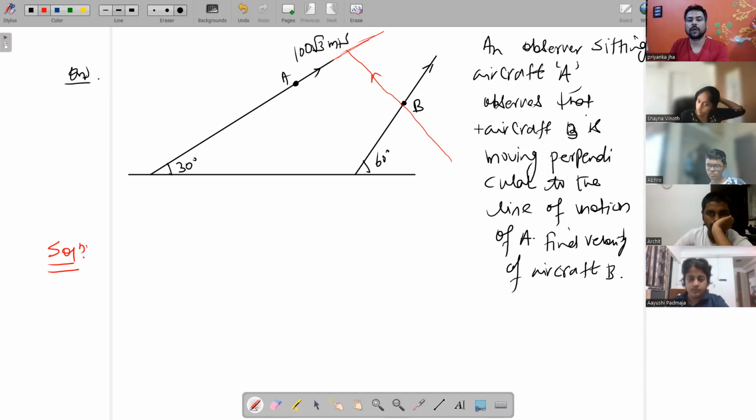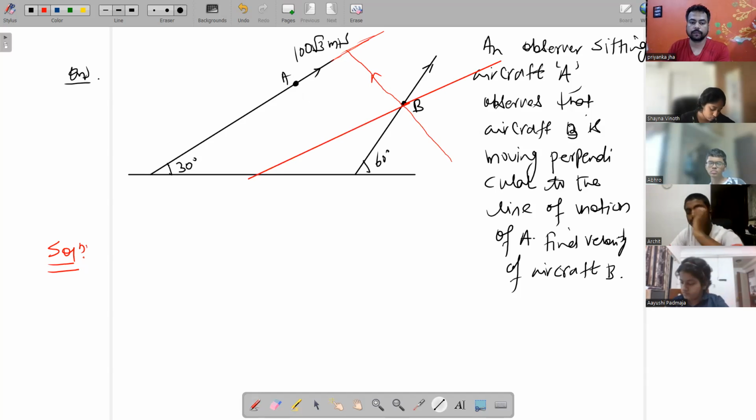Okay, now just draw a line parallel to this line of motion, like this. This is also 30 degrees and this is perpendicular to this. So this line is parallel to this line and this line is perpendicular to this line. Now, how do we deal with relative motion?